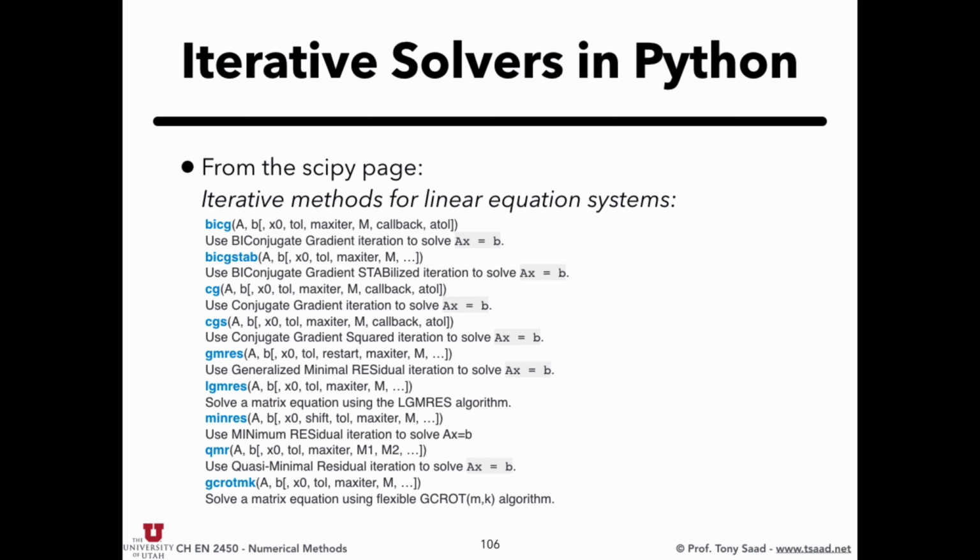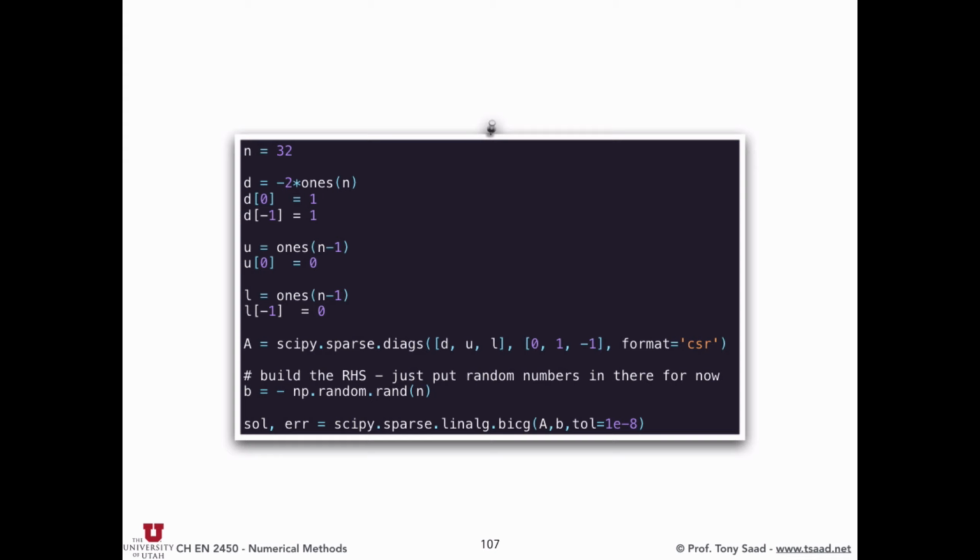Again, from the SciPy sparse algebra page, you see a list of the solvers they have, and they show you how to use them. You will notice that most of them require an A matrix, a right-hand side, a guess, a tolerance, and a maximum number of iterations. You can ignore all the other optional arguments. This is a Python example of solving the system of equations we did for the heat transfer problem.